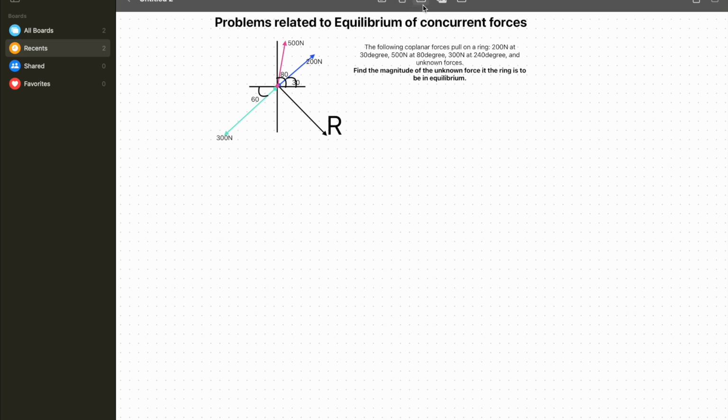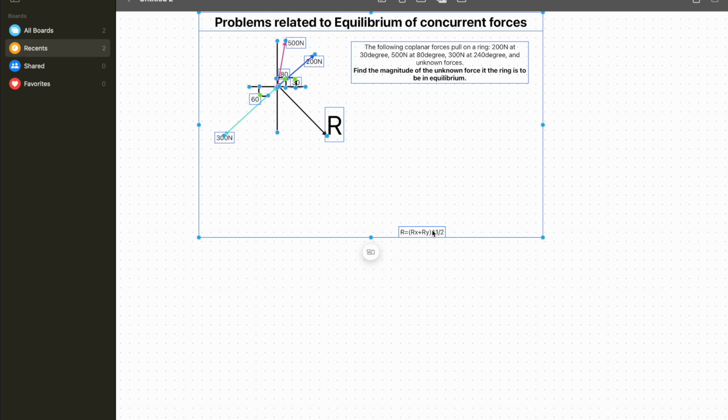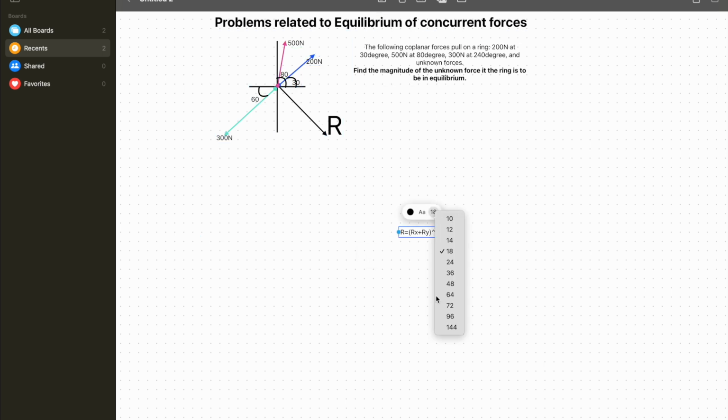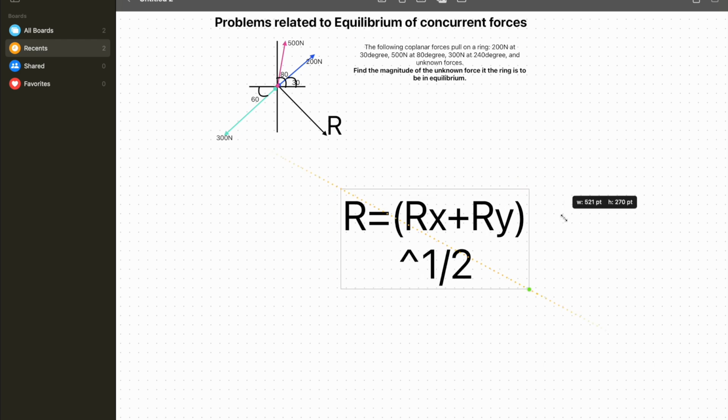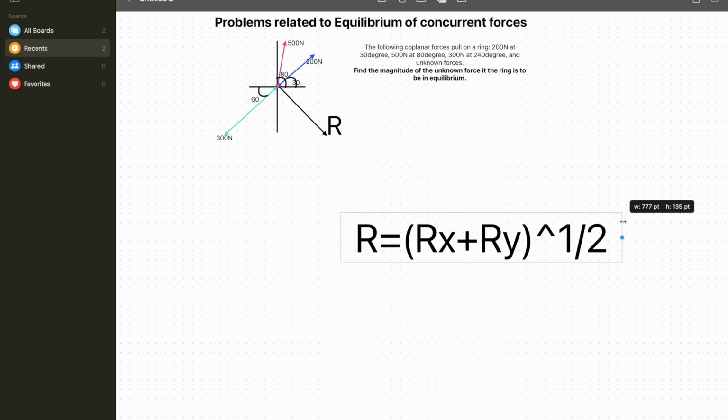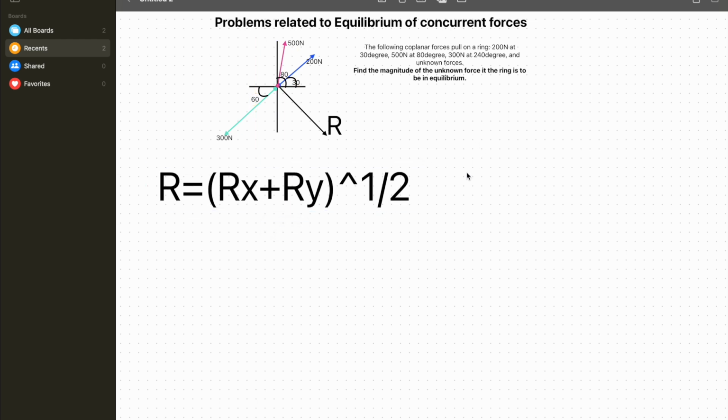So we can easily tell that R equals Rx plus Ry to the power half. That's the main thing we're going to tell. Now, what is the Rx then?